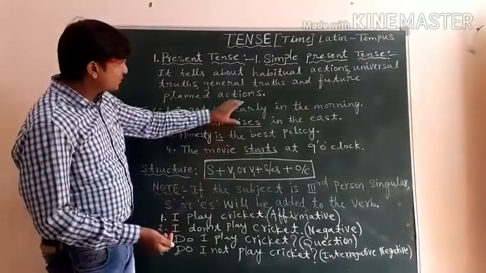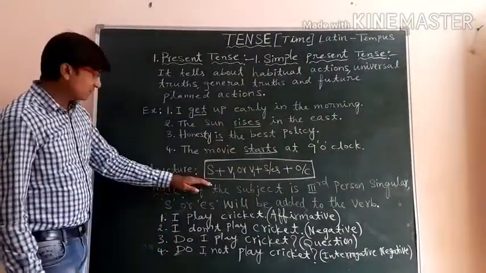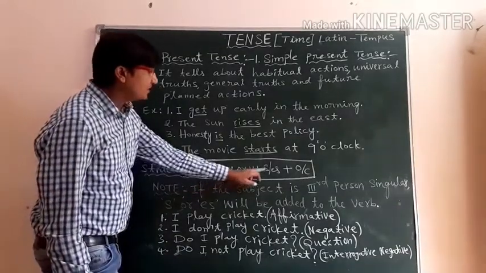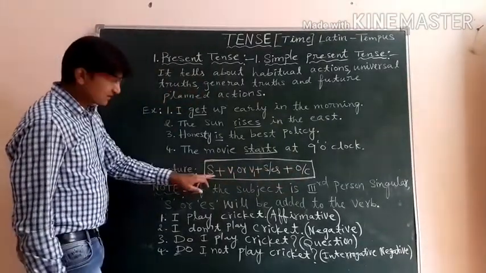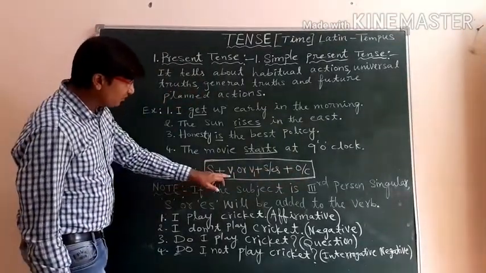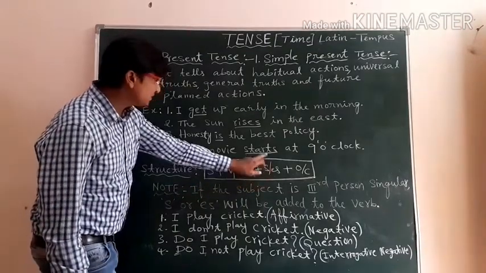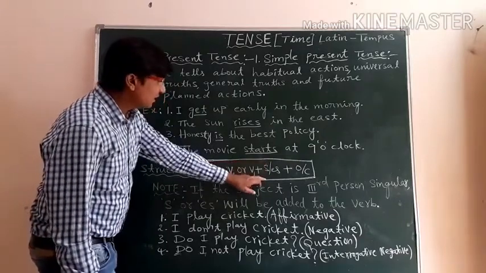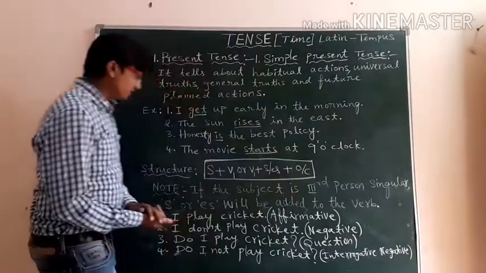Now, based on these examples, we have a structure. S plus V1 or V1 plus S/ES plus O or C. S means subject, V1 means present tense verb. This is a special note we need to focus on: plus object or complement.